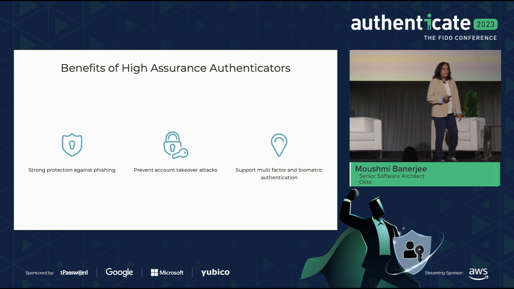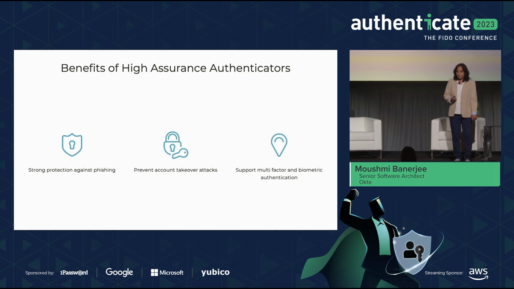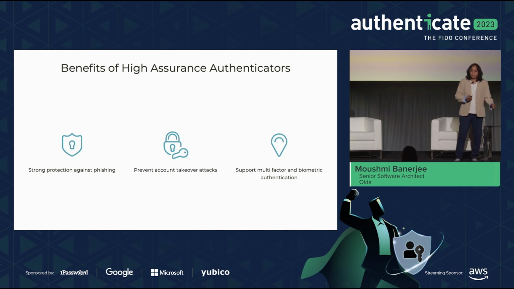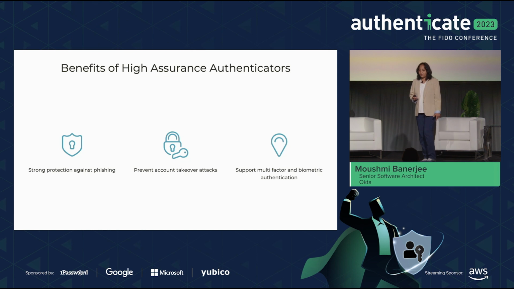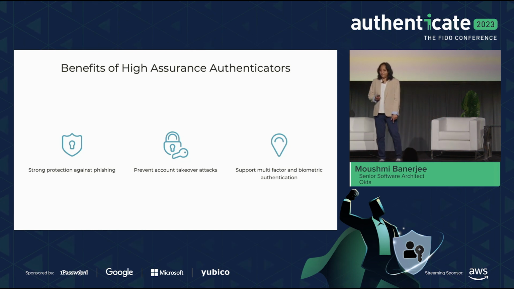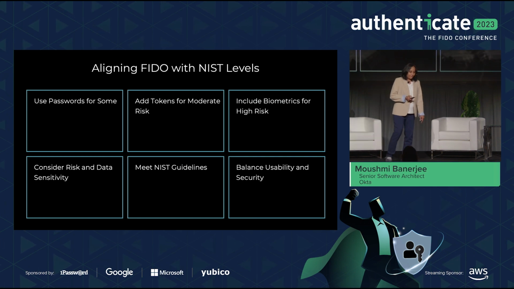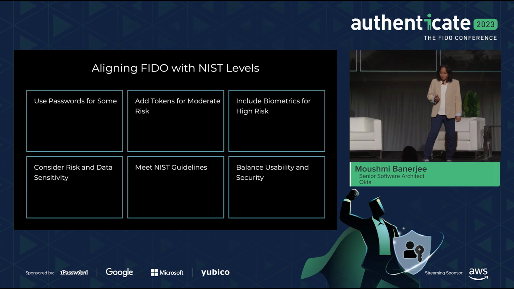So far, we have looked at FIDO, talked about NIST guidelines, assurance authenticator levels. So the next logical question is, how do we align them? How do you go about aligning FIDO with NIST levels?